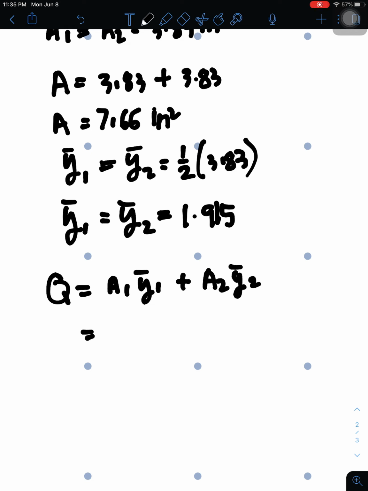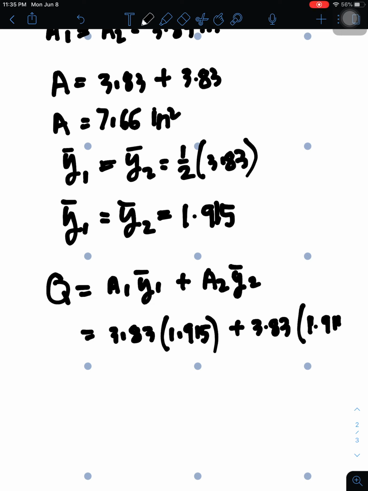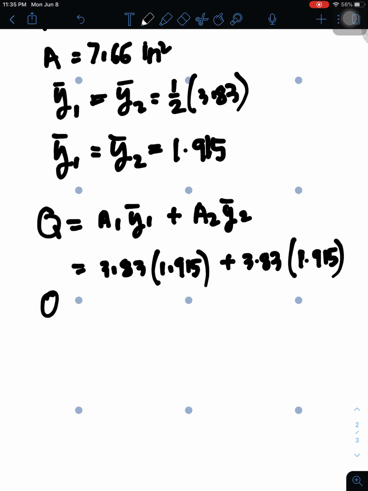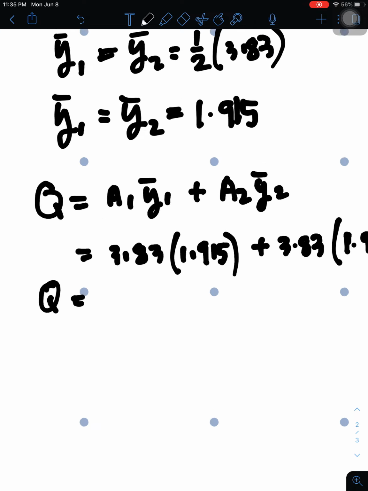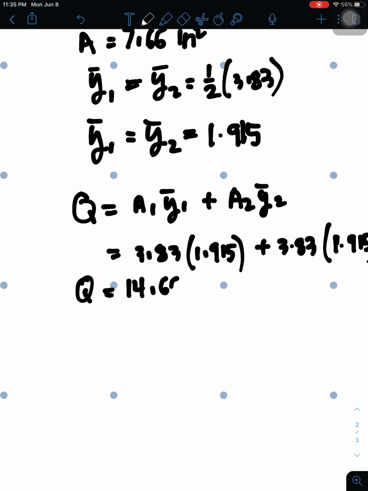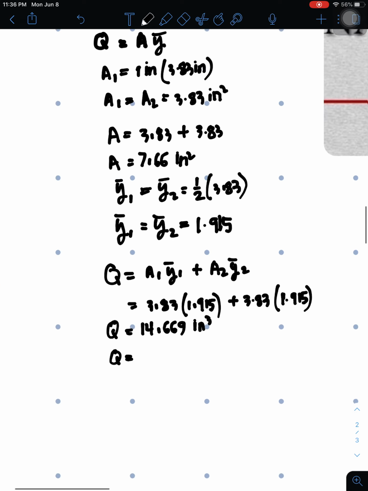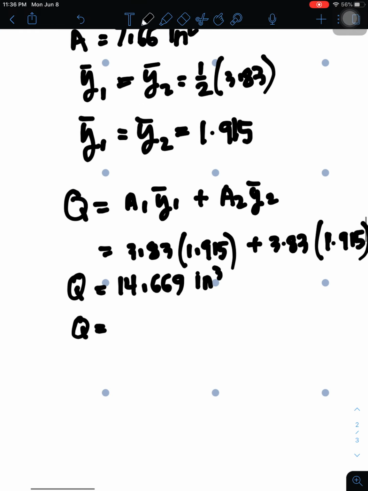So I can rewrite this as 3.83 times 1.915 plus 3.83 times barred y2, which is 1.915. So Q is 3.83 times 1.915 plus 3.83 times 1.915. That's 14.669 inches cubed.